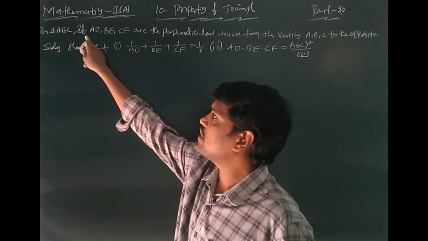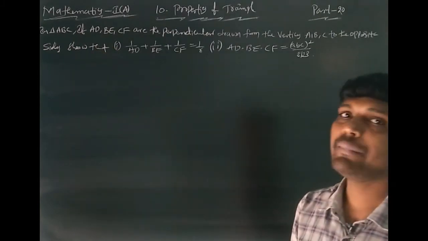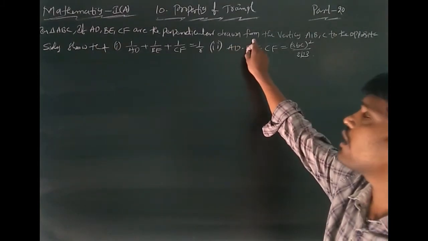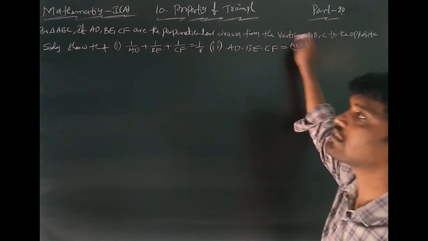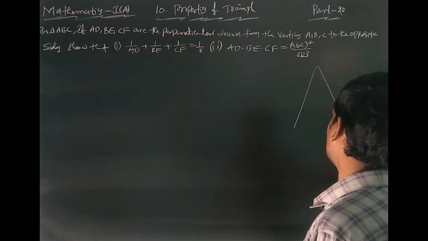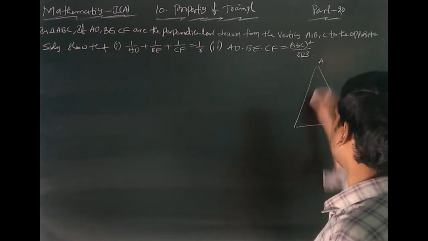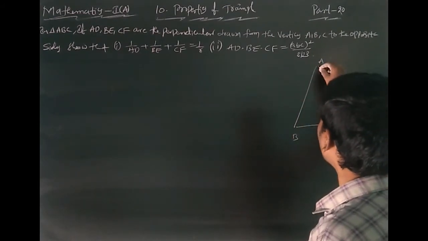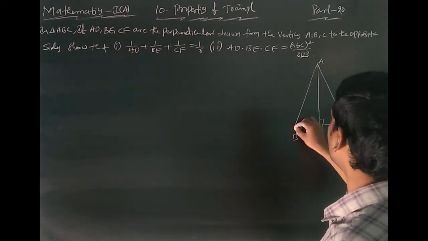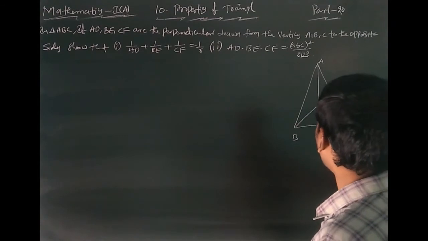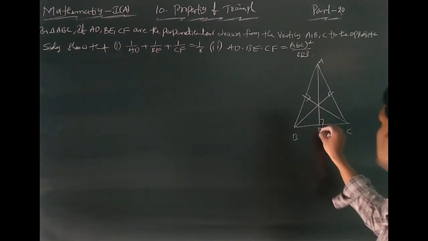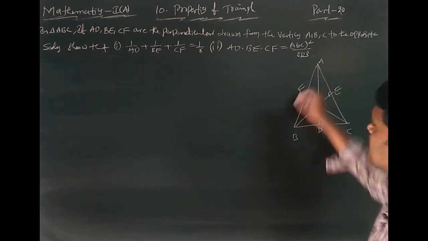In triangle ABC, if AD, BE, CF are the perpendiculars drawn from the vertices of ABC to the opposite sides. This is the triangle ABC. In this triangle ABC, you can draw the perpendicular lines to the opposite sides. This is AD, this is BE, this is CF.